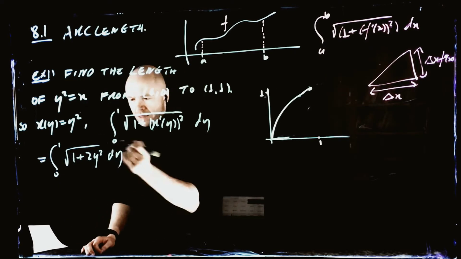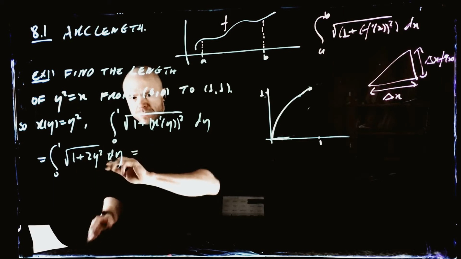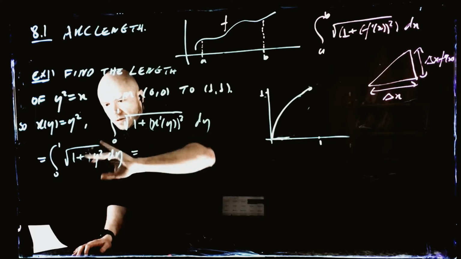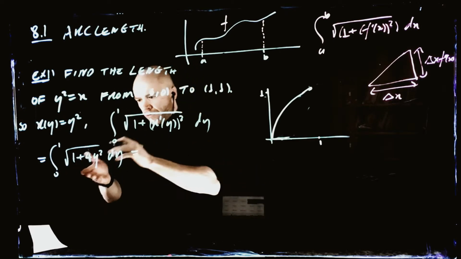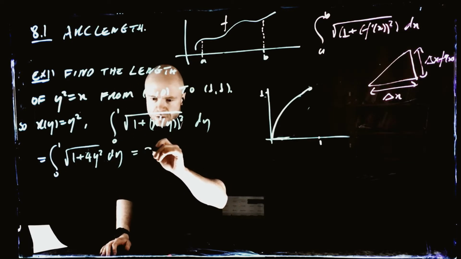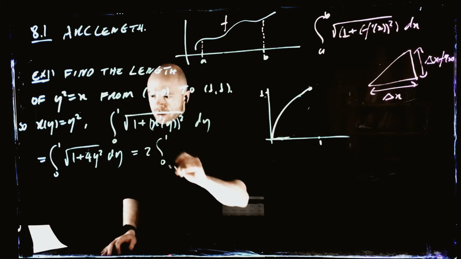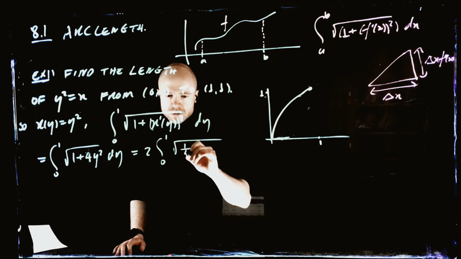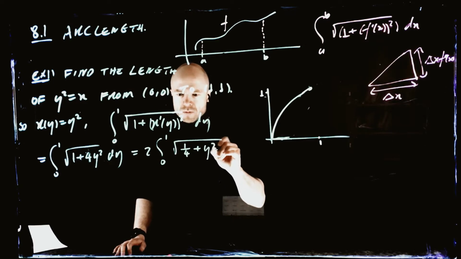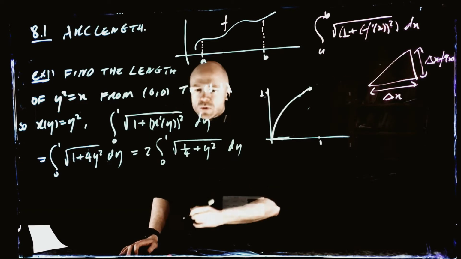And then this is going to be a 4. We can simplify a little bit by pulling out the 4, and then we're going to have the integral from 0 to 1 of the square root of 1 over 4 plus y squared dy, like this.